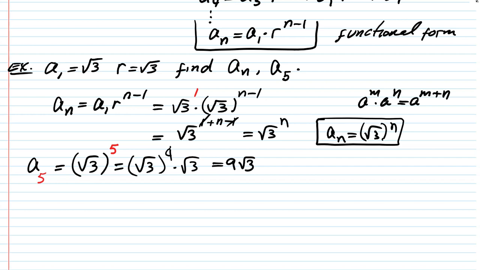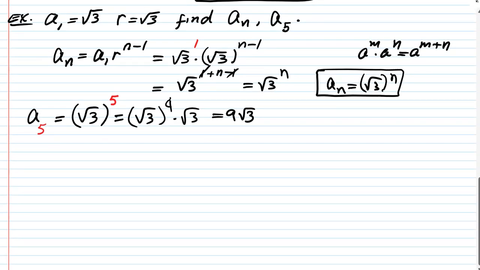Or I can write root 3 to the 4th as 3 to the half, to the 4th. So this is more of an algebraic method, right? Using properties of exponents, you get the same results. So however you do it. And there we have it. That's going to be an example of a geometric sequence.